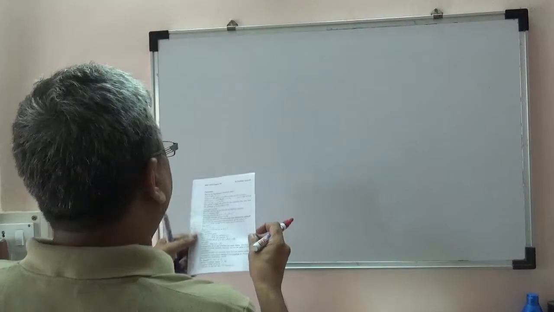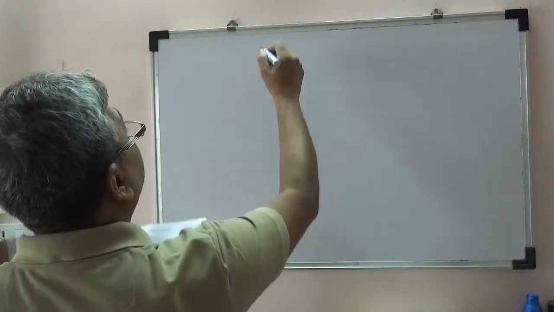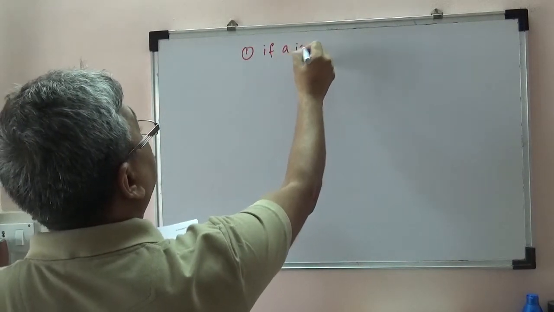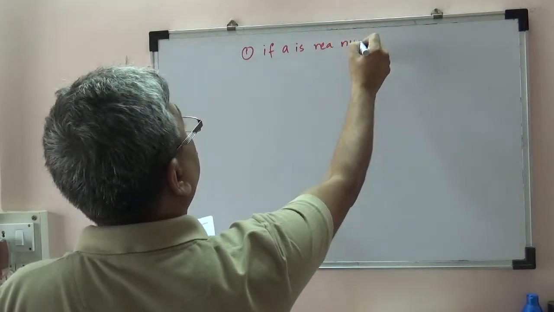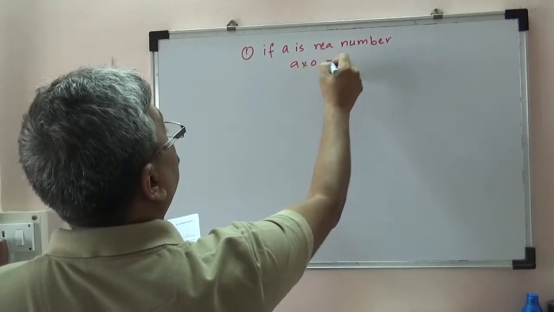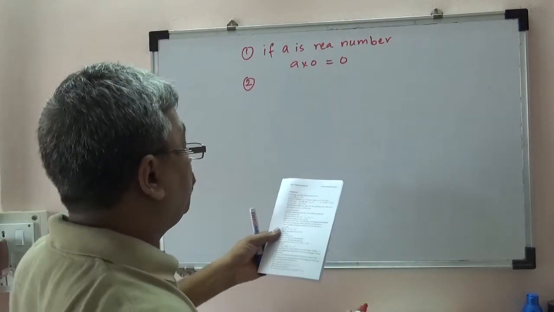However, what we will really be using are the standard results which all of us are aware of. First result: if a is a real number and a is multiplied by 0, we get 0. This is a property of real numbers which we will assume to be true.